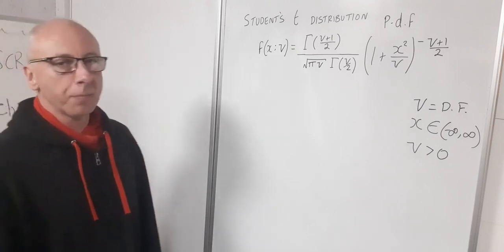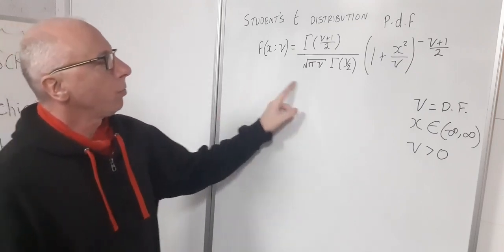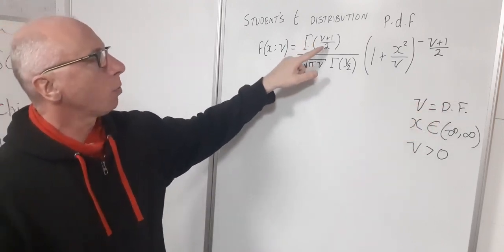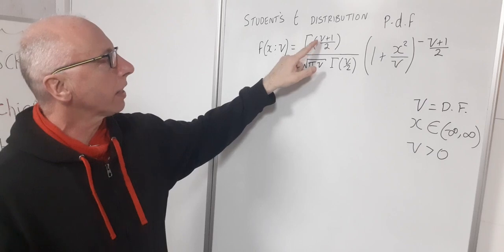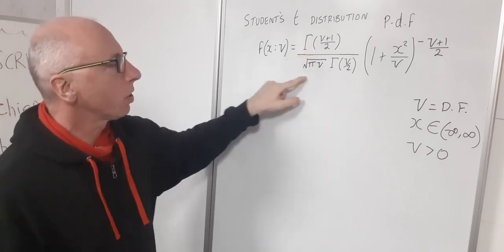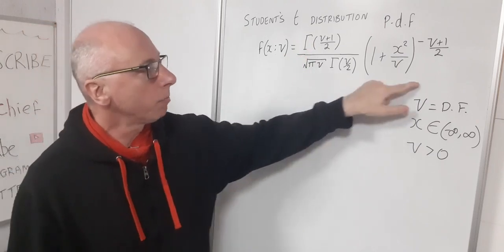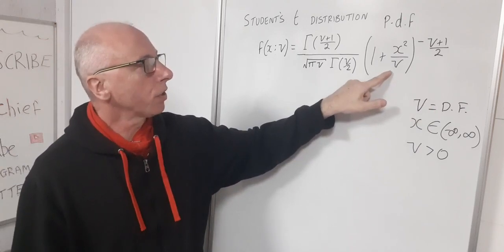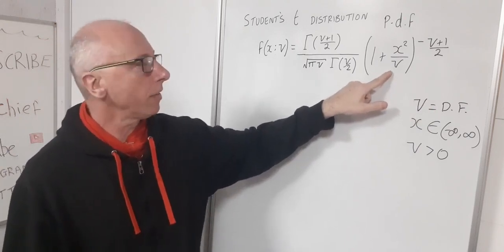Okay, so what have we got here? So we've got gamma of nu plus 1 over 2. So that's a gamma function in our numerator. Now this bit here is some sort of constant which we multiply with what looks like a function of x, so of our random variable.